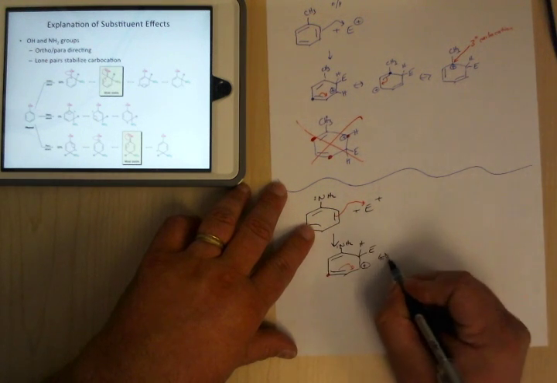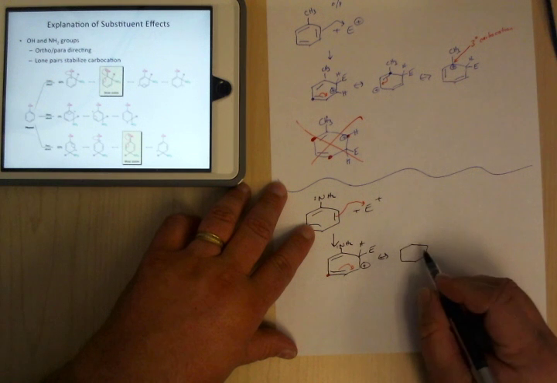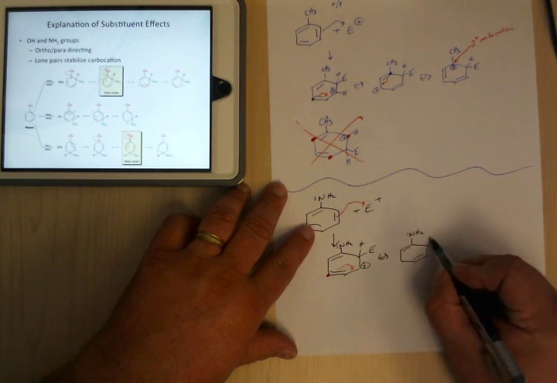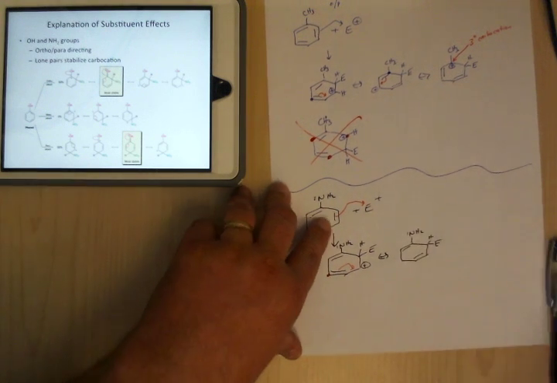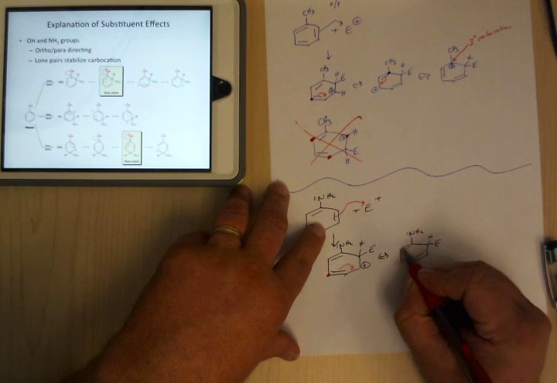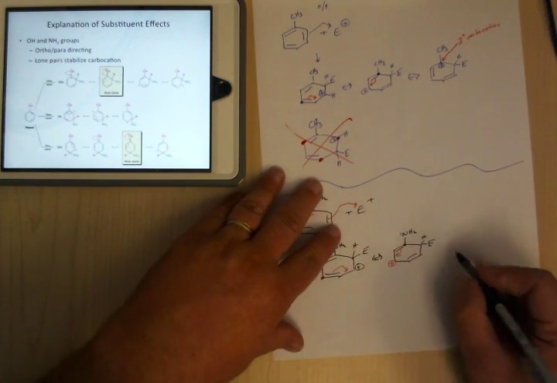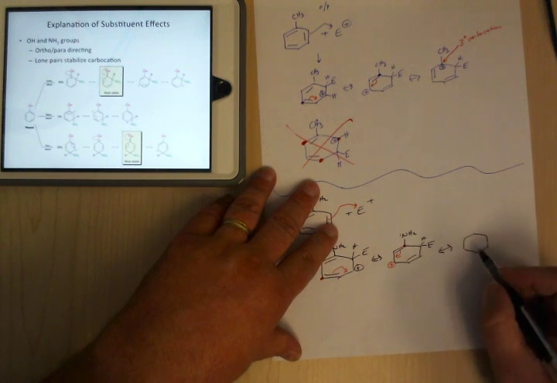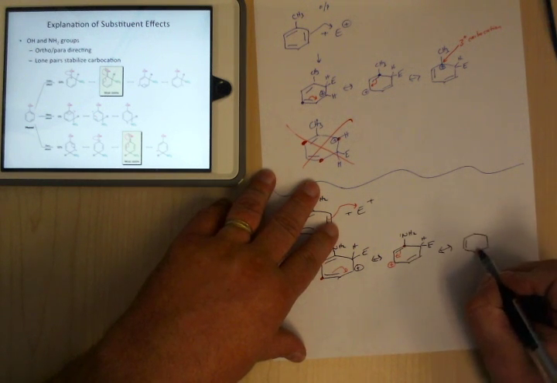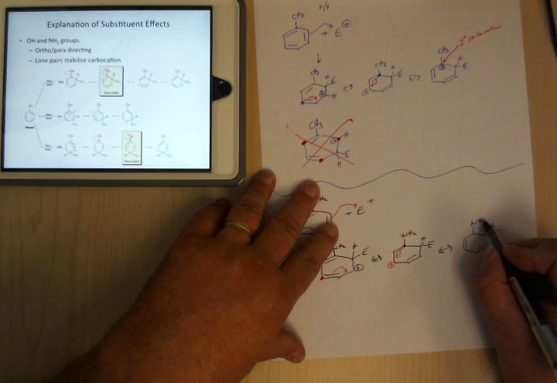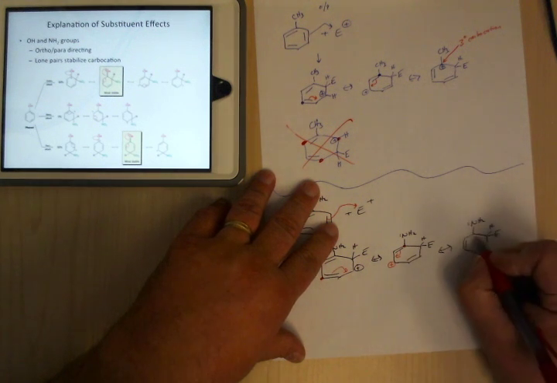Right? So we're going to move that down there, which then puts it right there. That's a good thing. Puts a positive charge there.